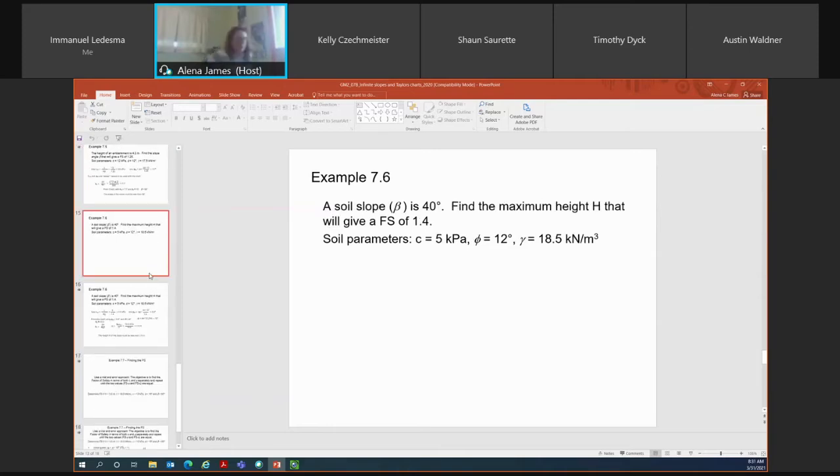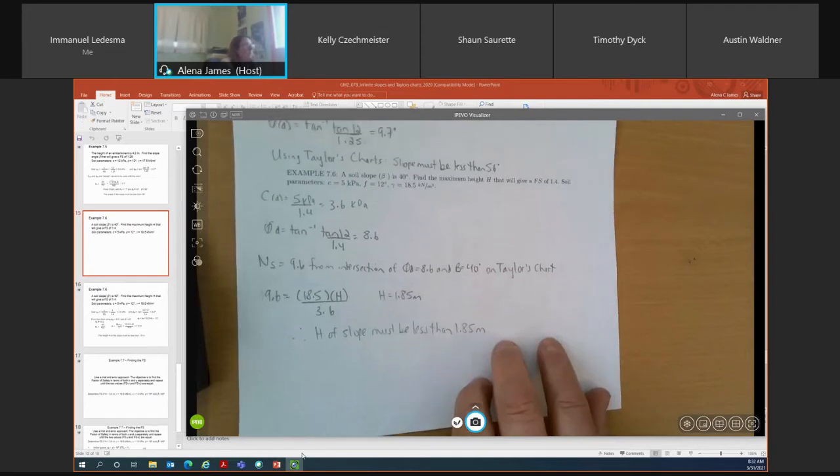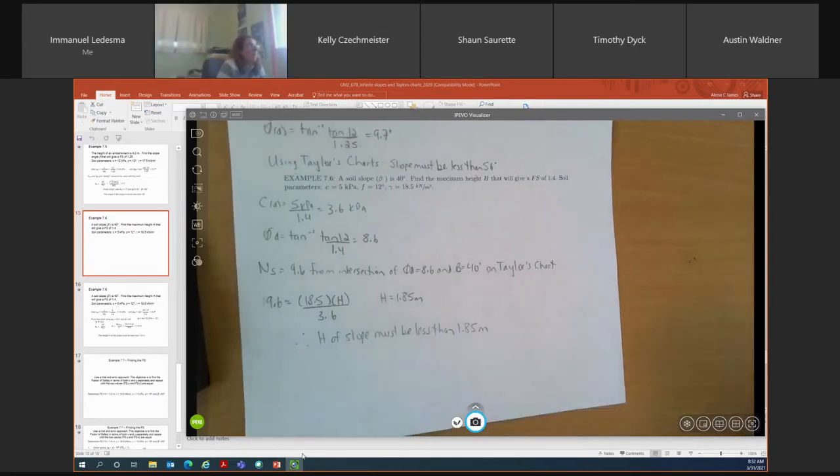We're going to work through example problem 7.6. You have a slope with an angle beta of 40 degrees, and it's asking you to find the height h that will give you a factor of safety of 1.4.